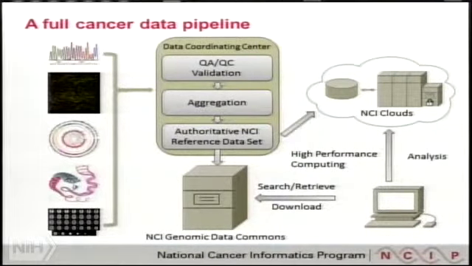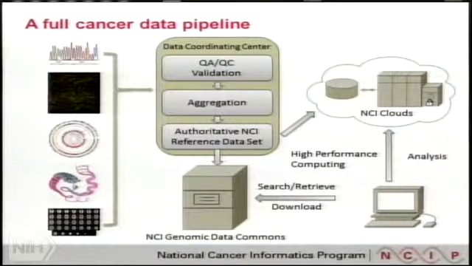This data set is supplied to the community through this NCI Genomic Data Commons that I mentioned, and it also is supplied by the Data Coordinating Center to the NCI clouds. An end user that wants to retrieve data or search and identify a subset of the data goes to the Genomic Data Commons.